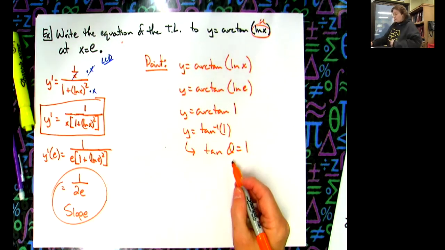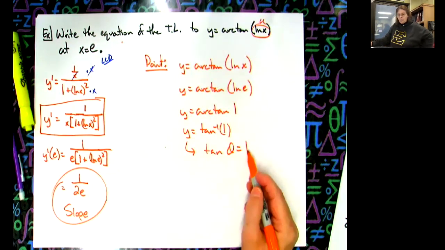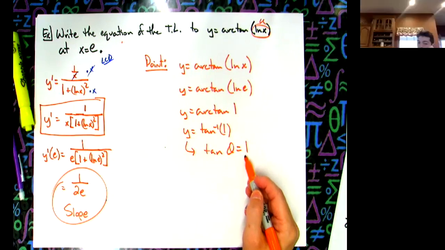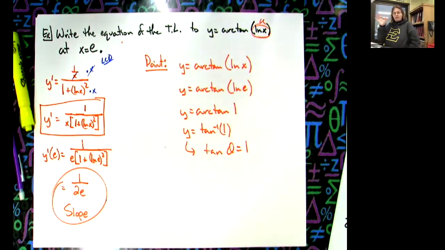This is where you're going to use your unit circle. Think unit circle, get it out, look at it. I'm going to be patiently waiting here. Where is tangent 1? Pi over 4. Because on the 45-degree angle, or pi over 4, sine and cosine match.